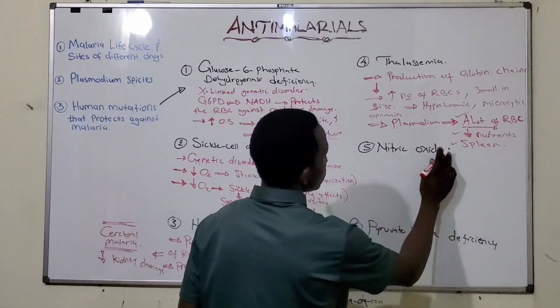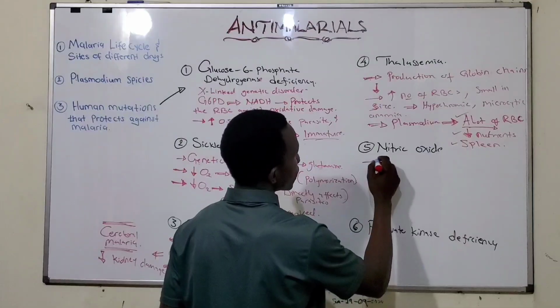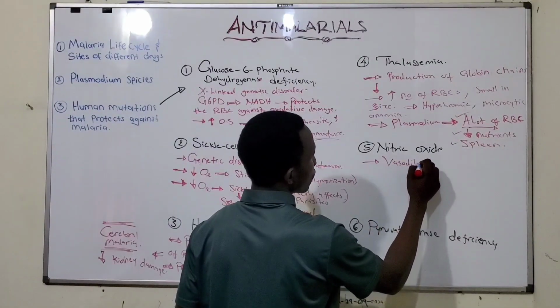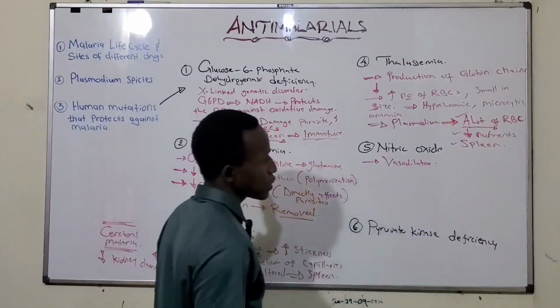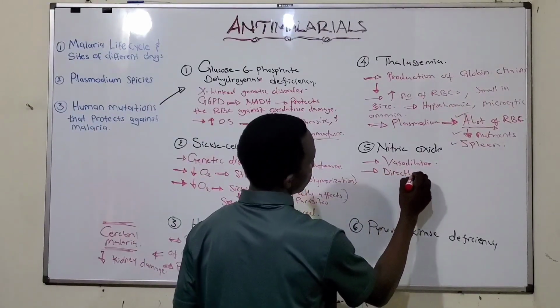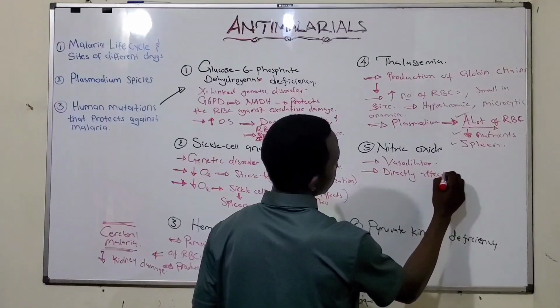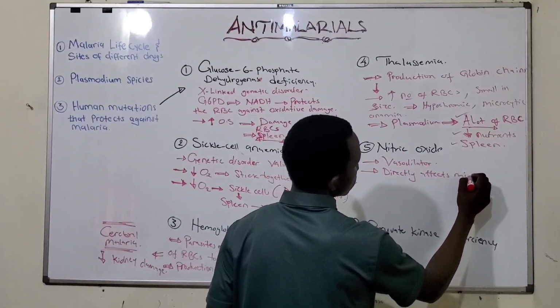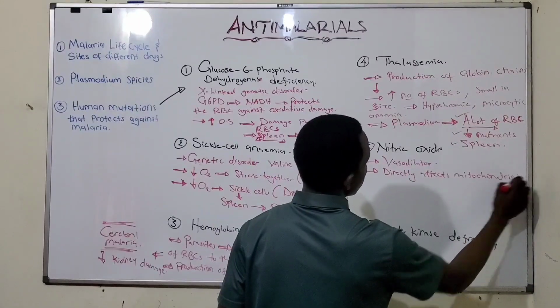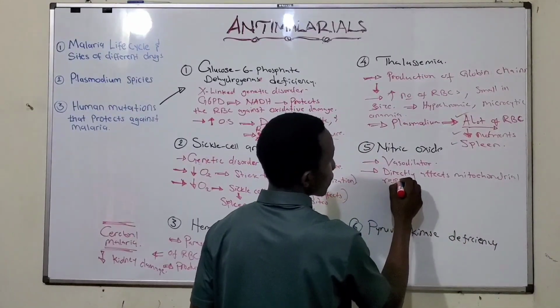Now, nitric oxide. Remember, nitric oxide is a vasodilator. And it directly affects mitochondrial respiration of the parasite.